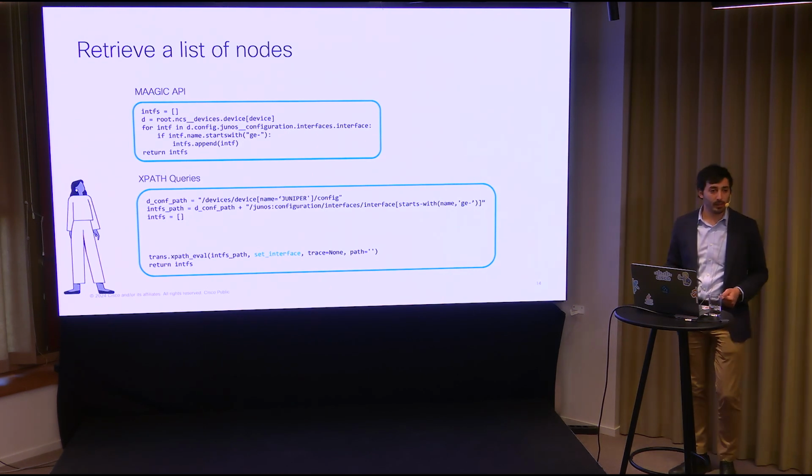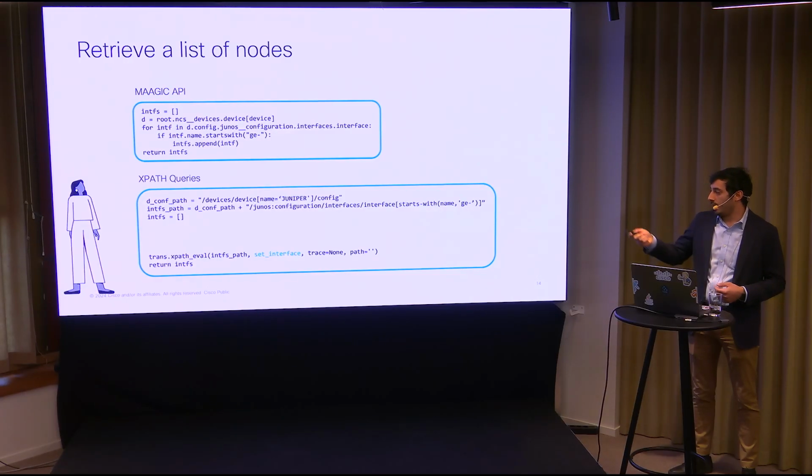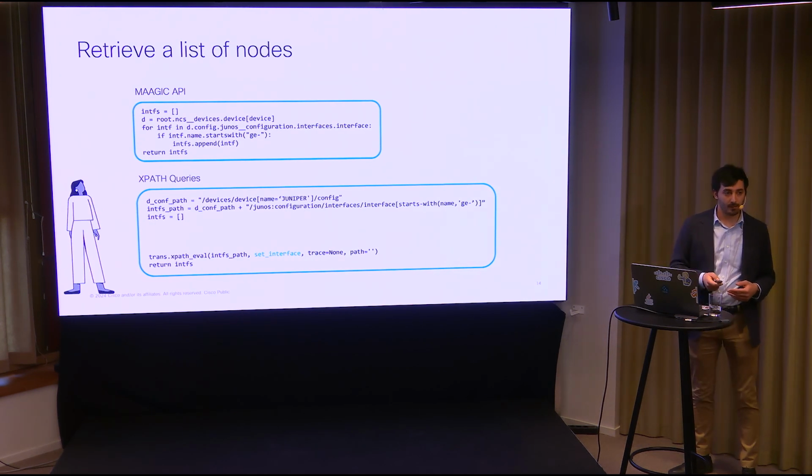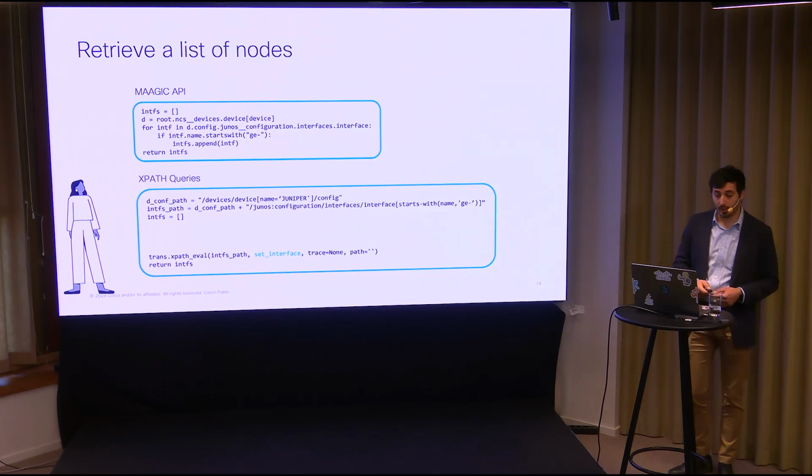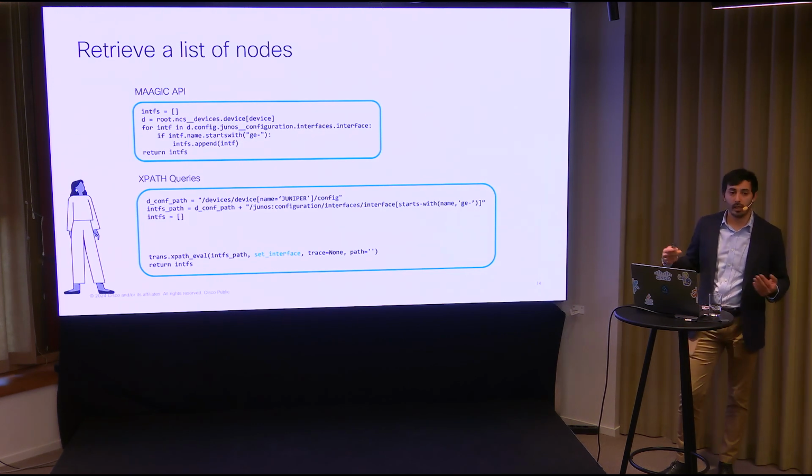Then we use the xpath eval method available under a transaction that takes as input the xpath and a function, set interface. This is a callback, and it is executed every time there is a match inside that xpath expression. So if I have 2 gigabit Ethernet interfaces, the set interface method will be called twice.